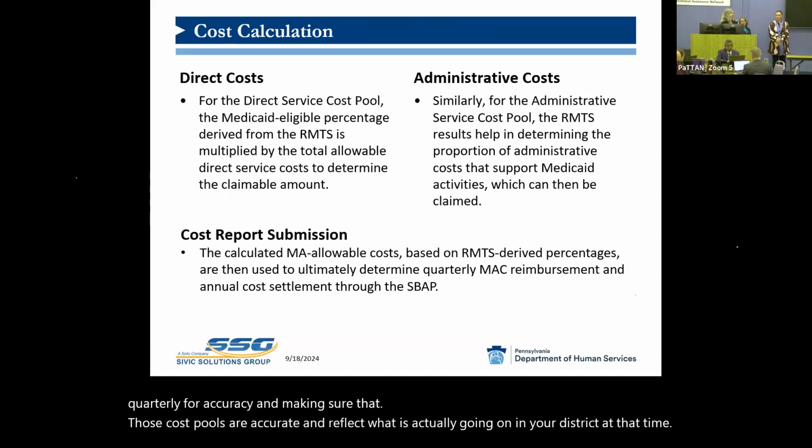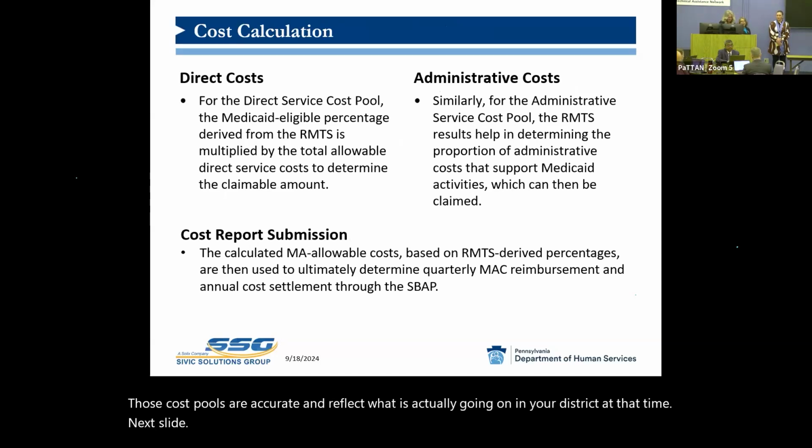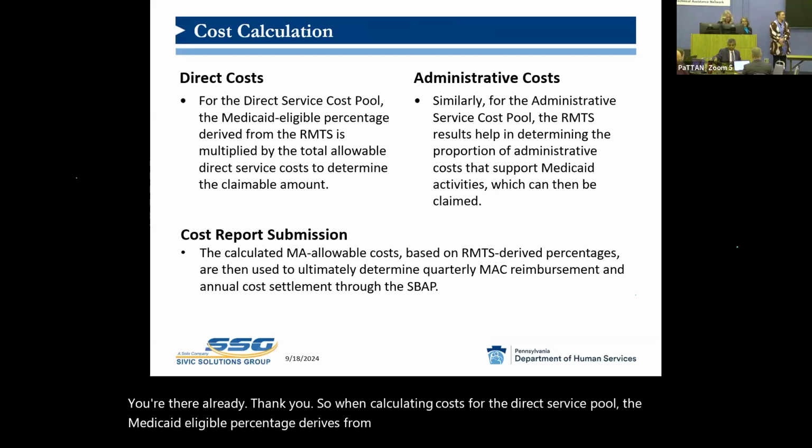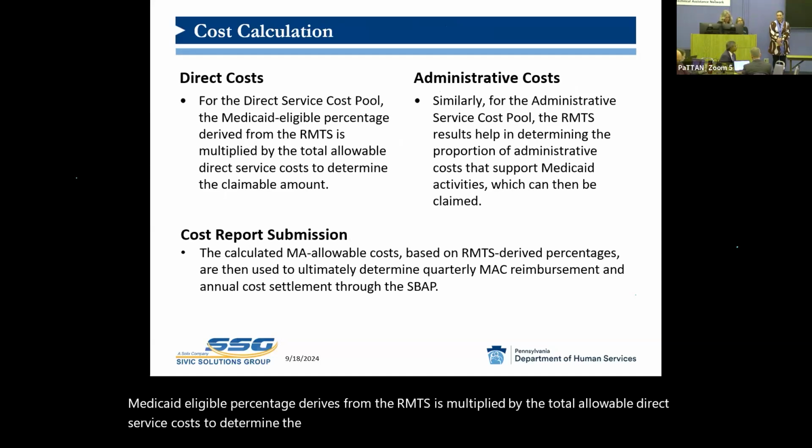Next slide. You're there already? Thank you. So in calculating costs for the direct service pool, the Medicaid eligible percentage derived from the RMTS is multiplied by the total allowable direct service costs to determine the claimable amount.